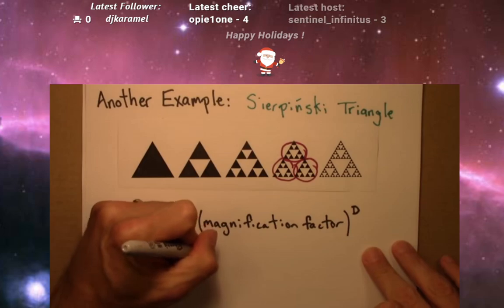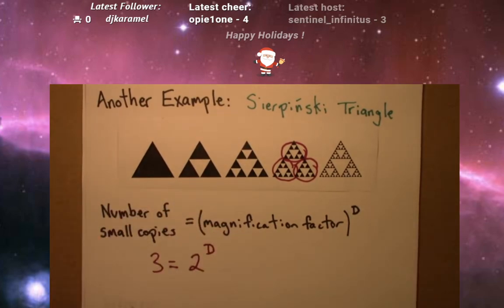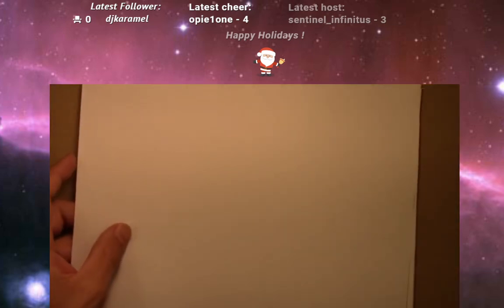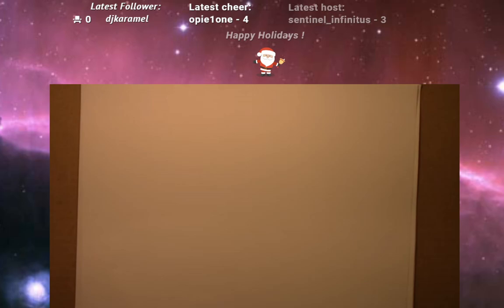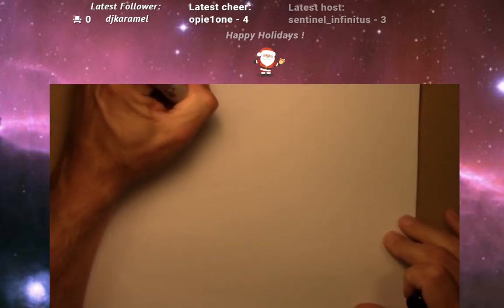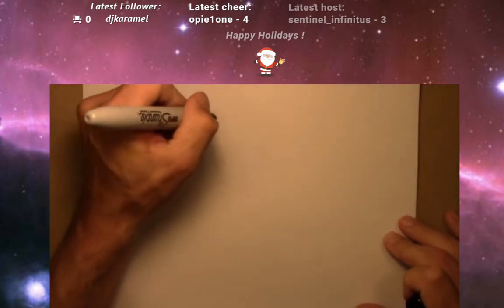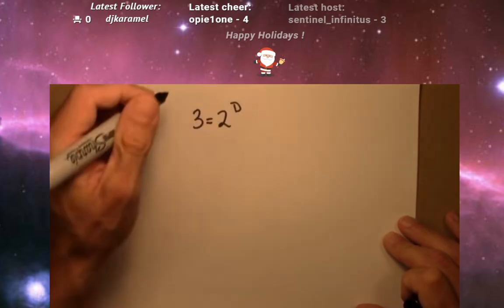And here's where we get into the dimension is d, and we need to solve for d. So again, we'll use logarithms to do that. And let's see what we get. Oh, what joy. So the equation was 3 equals 2 to the d.